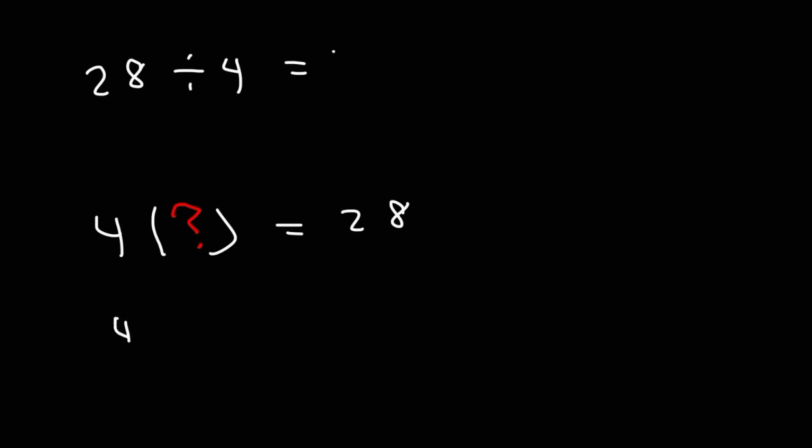Now what about 28 divided by 4? What's the answer? 4 times what number is 28? The answer is 7. 4 times 7 is 28, so 28 divided by 4 is 7. And that's how you can perform basic division.